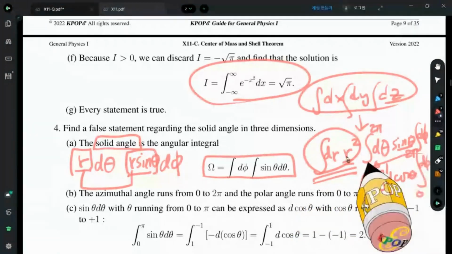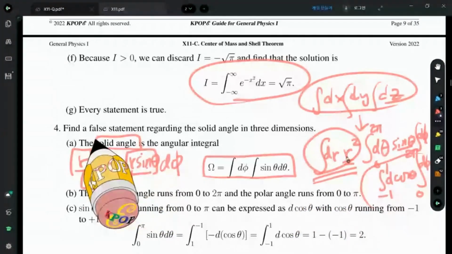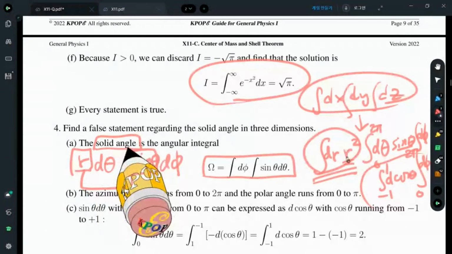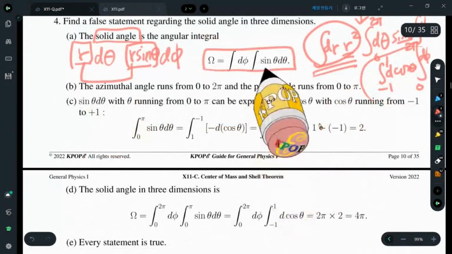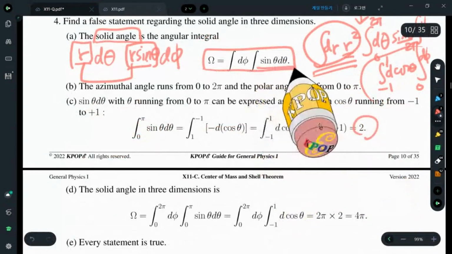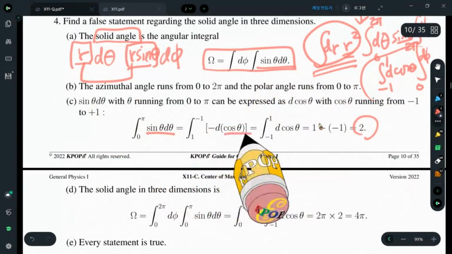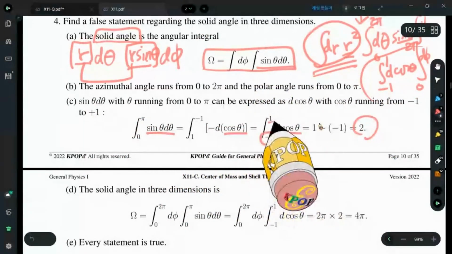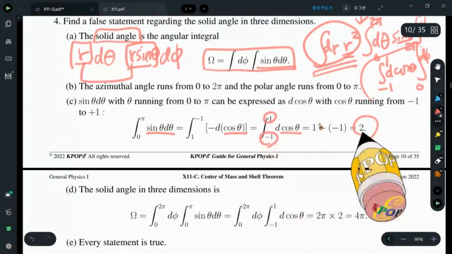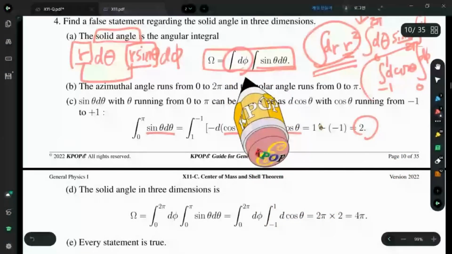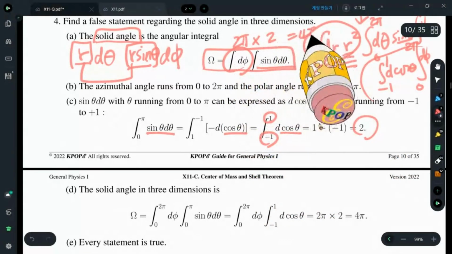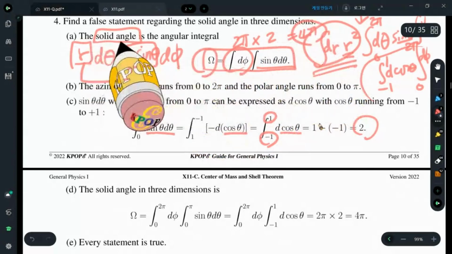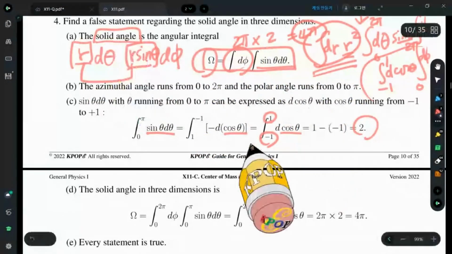And this angular integral is called the solid angle, and you will find the solid angle is 4 pi. Why? Sine theta d theta is d cosine theta from -1 to 1, a trivial integral, which is 2. And the phi integral is trivial, so 2 pi. 2 pi times 2 is 4 pi. 4 pi is the solid angle in three-dimensional space.